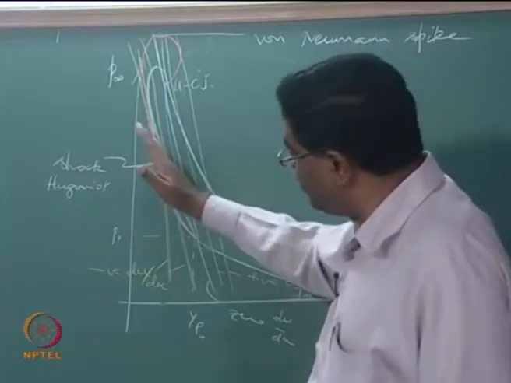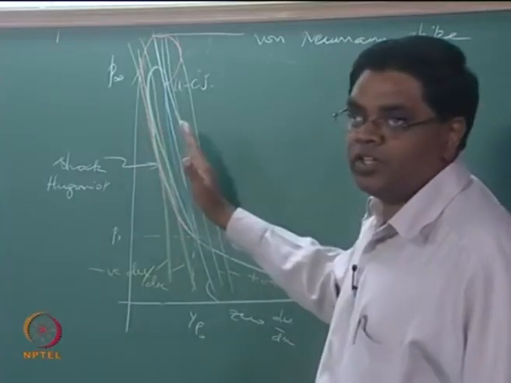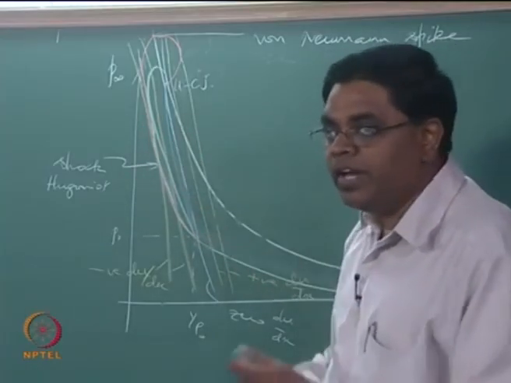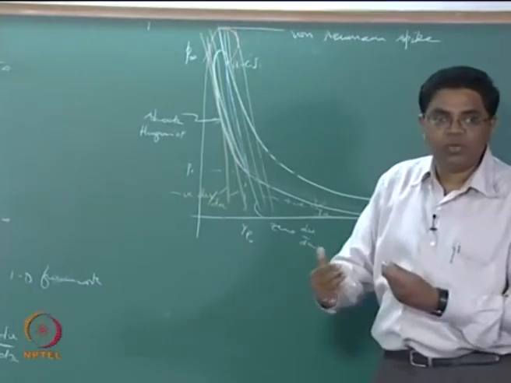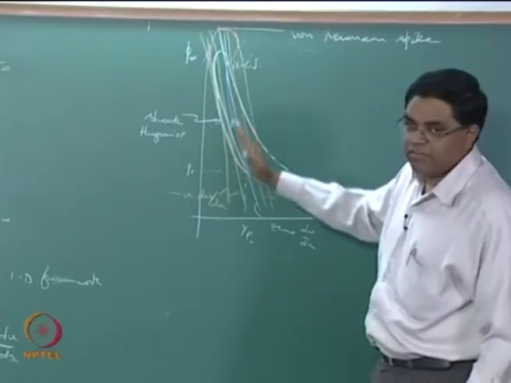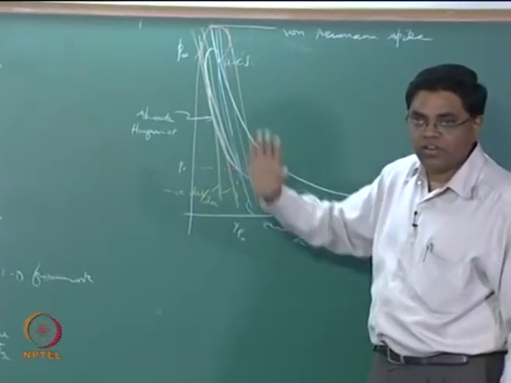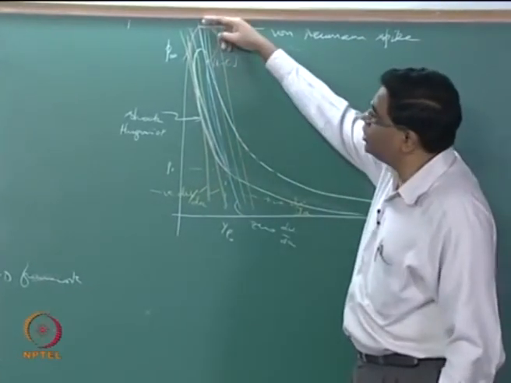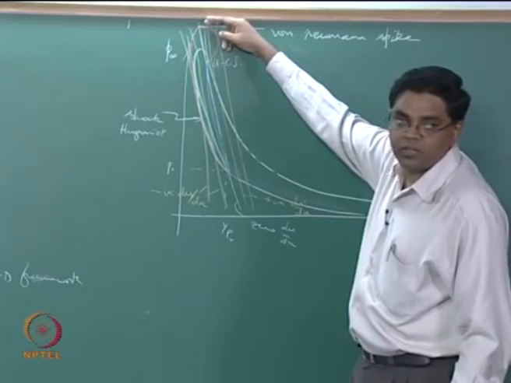That means you are very much farther away from the shock Hugoniot, you are beginning to think about reactions happening even within the initial layer itself as the increase in pressure is happening, so you don't really go all the way to the von Neumann spike at all.